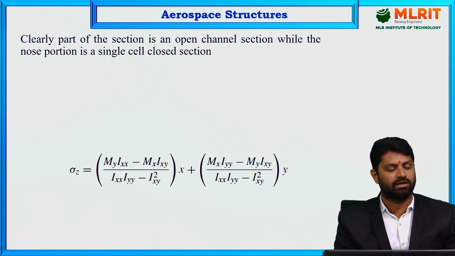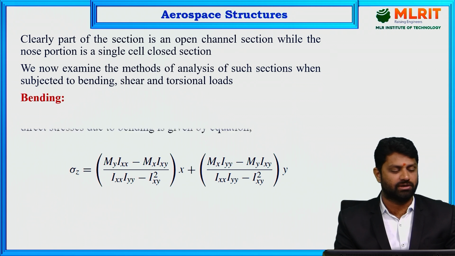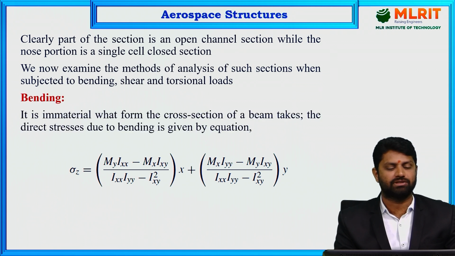Clearly, part of the section is an open section, while the nose portion is a single cell closed section, as we have seen in the diagram. Now let's examine the methods of analysis of such sections when subjected to bending, shear and torsional loads.